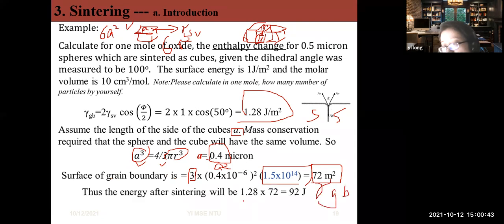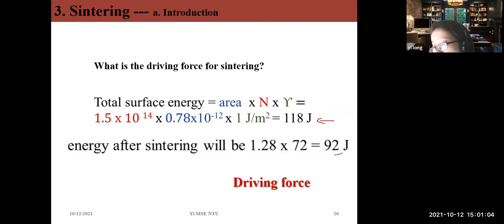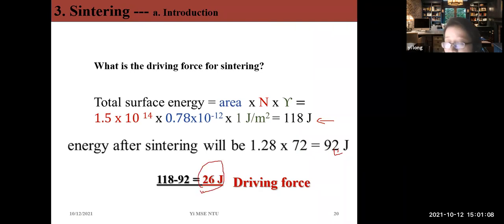In the end, 1.28, which is gamma GB, times 72 is 92 J. So we start from 118 and end up with 92. This is obviously going to happen because if your total energy is going to reduce, it's going to happen. The difference here, we call the driving force for sintering.